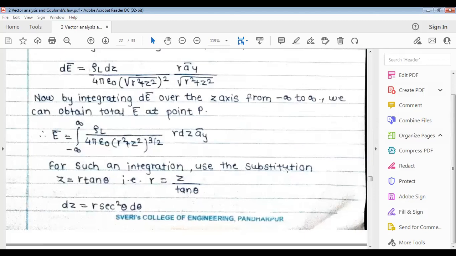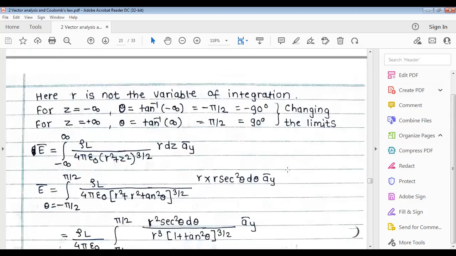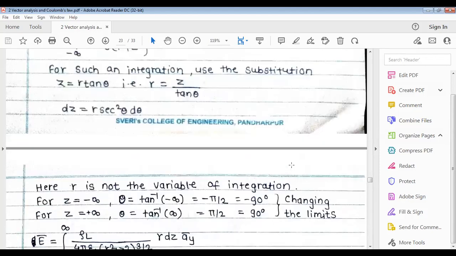We put some substitution for the integration here. We are putting tan theta is equal to z divided by r. From that, we get z is equal to r tan theta, and dz is equal to r sec square theta d theta.